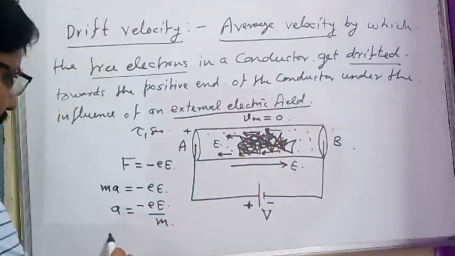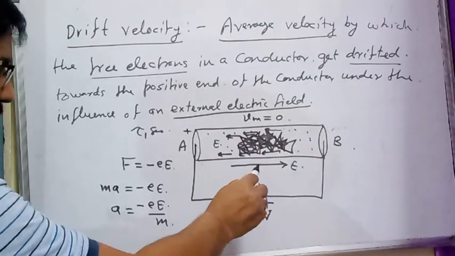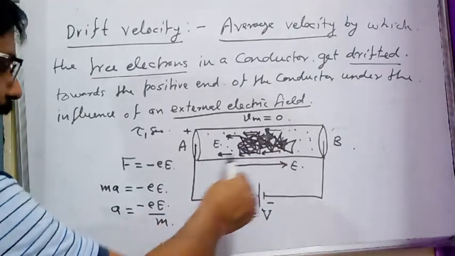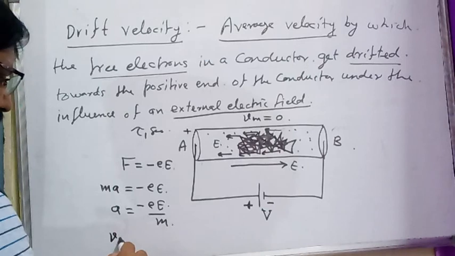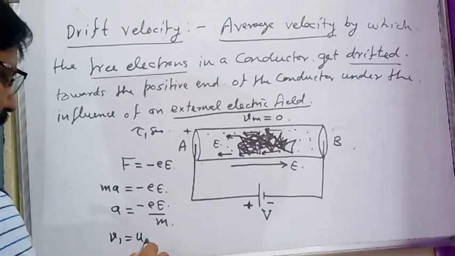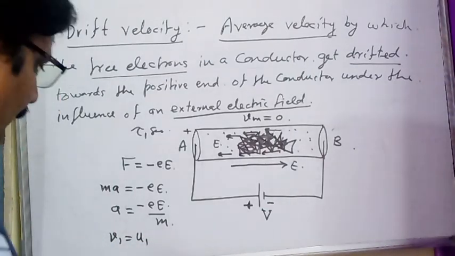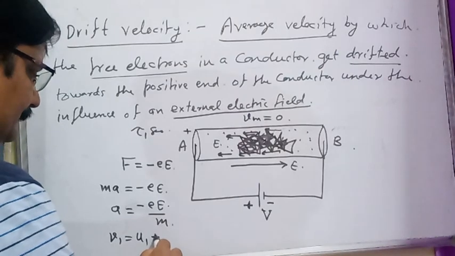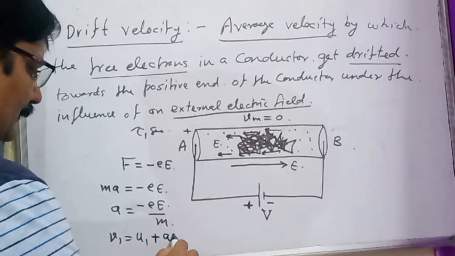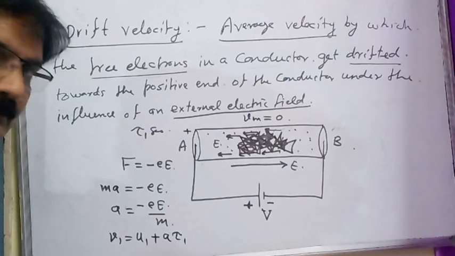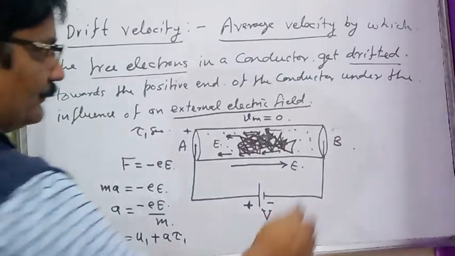So the final velocity of the first electron after being drifted can be given as v1 is equal to the initial velocity u1 plus a tau 1.